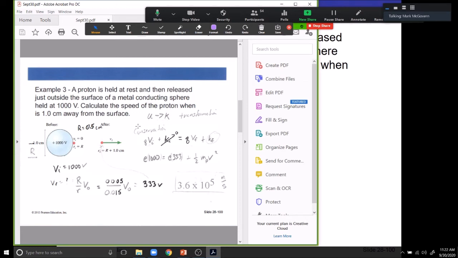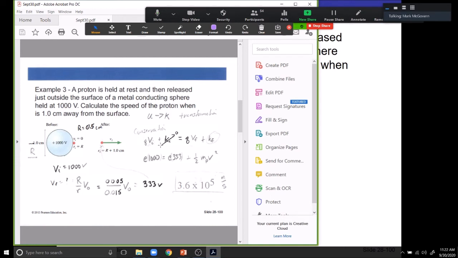In energy conservation, the initial potential energy, which we now call QV sub I, plus the initial kinetic energy is going to be equal to those quantities at a later time. Now, a proton starts at rest, so the kinetic energy is 0 to start. But there is a potential to start, and that potential is the value of 1,000.